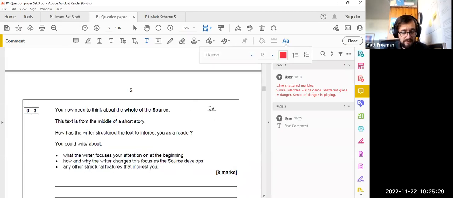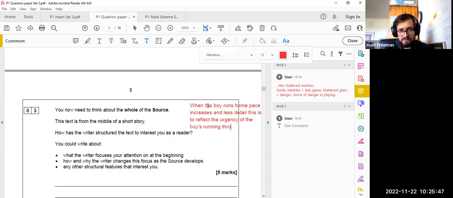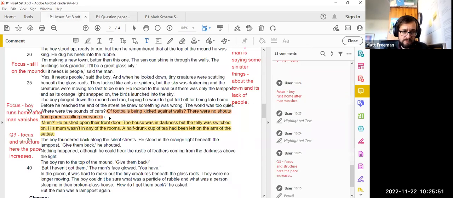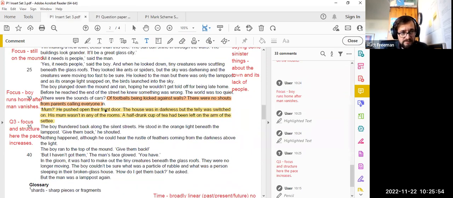So, when the boy runs home, pace increases and less detail. This is to reflect the urgency of the boy running through town. Okay? And again, that's my interpretation. There could be other interpretations.